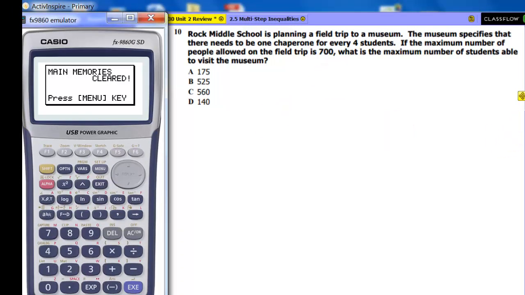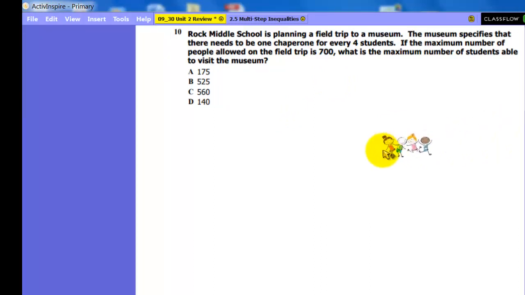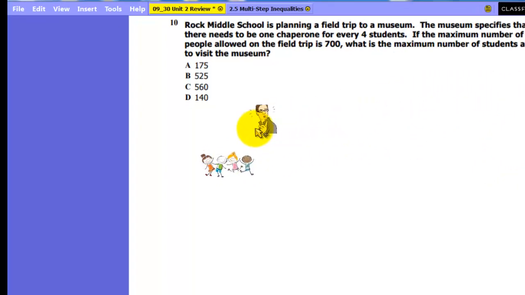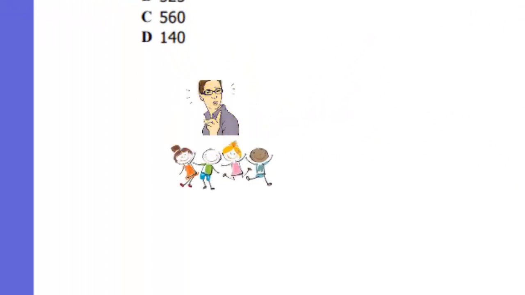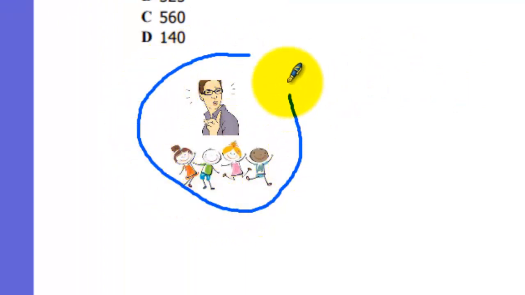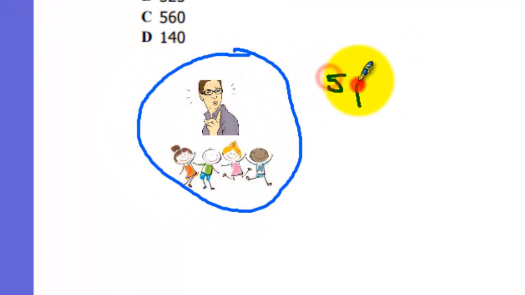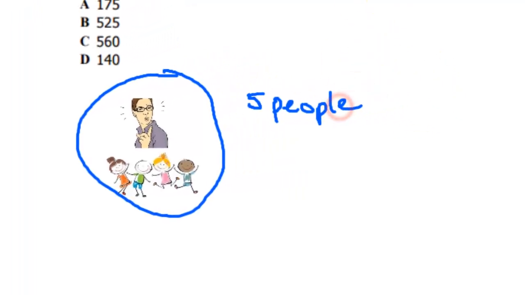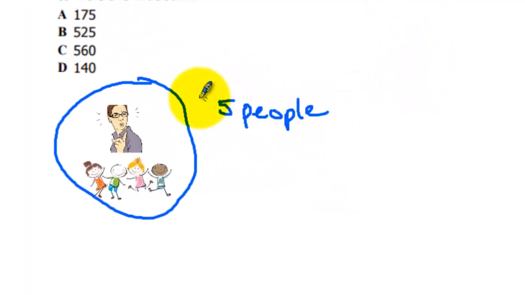So in a group, we have 4 students and we should have 1 teacher. So in one group, I have a total of 5 people. One group will consist of 5 people.